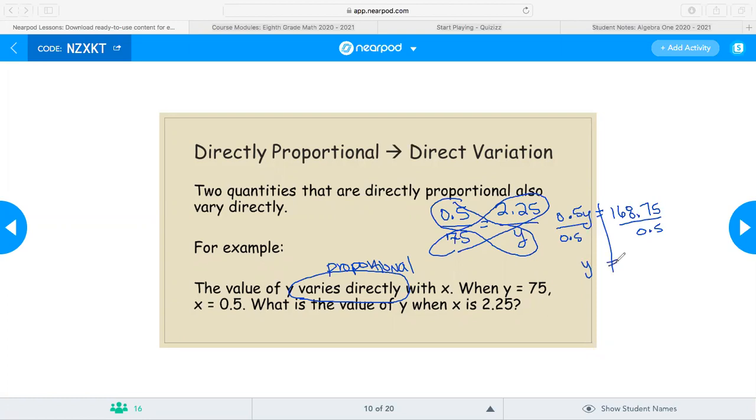When I do that, I get 337.5. This is what y equals.